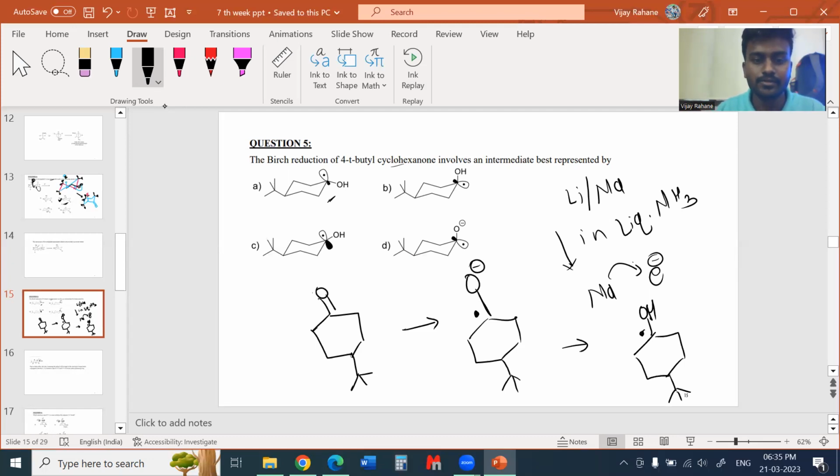Here they have given one that is axial, here one in between axial and equatorial, and here they have given the radical on equatorial.